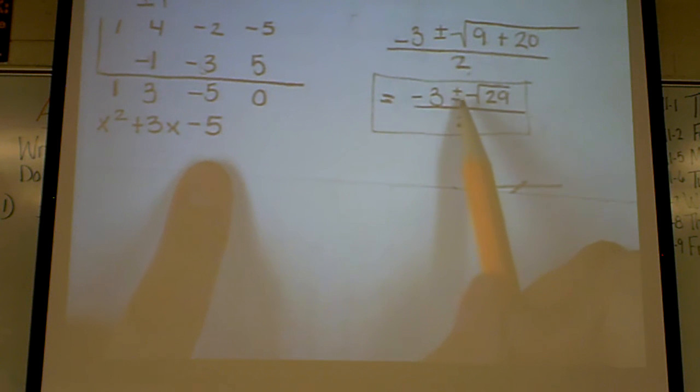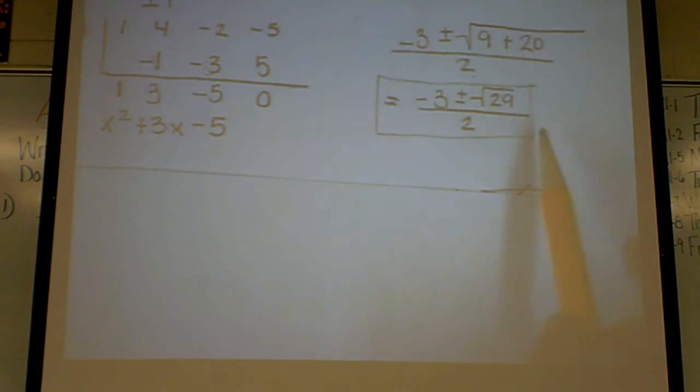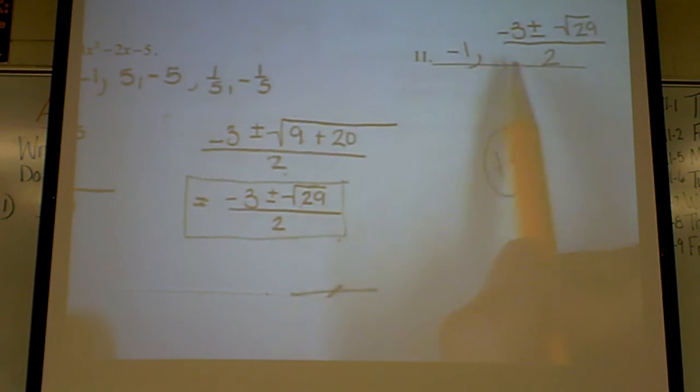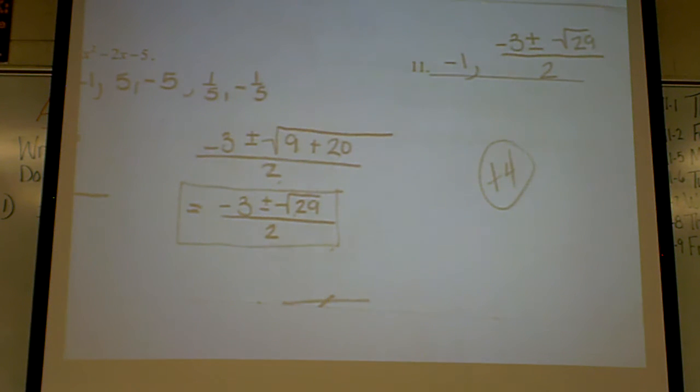This equals negative 3 plus or minus the square root of 29 over 2. So this is actually 2 zeros, because you can either do plus or minus. So your answer should have been negative 1 and negative 3 plus or minus square root of 29 over 2.